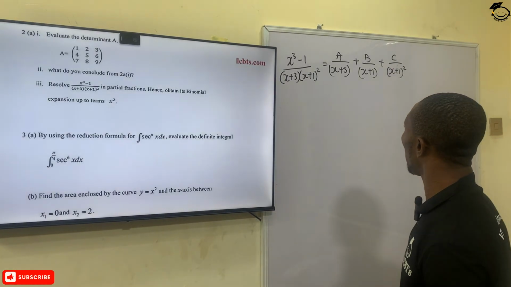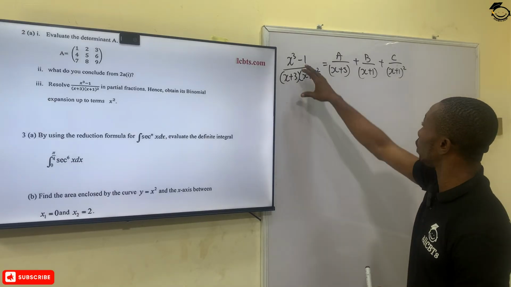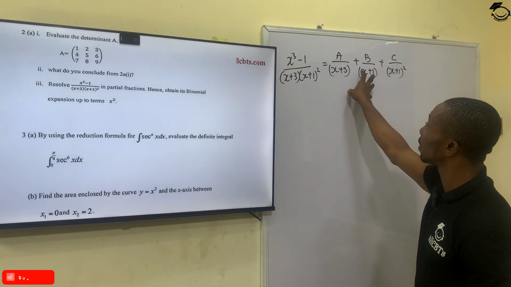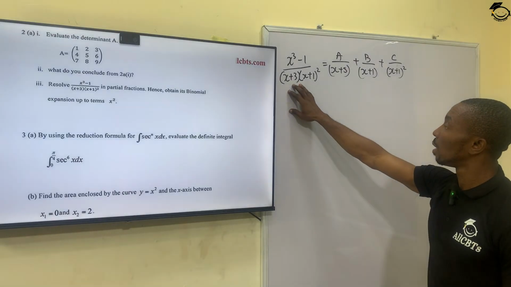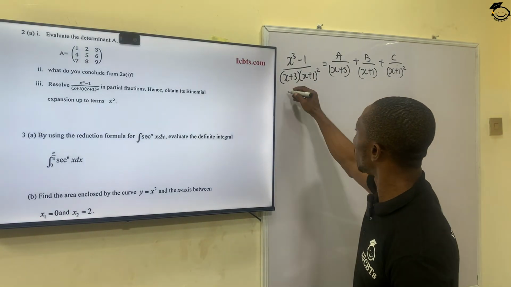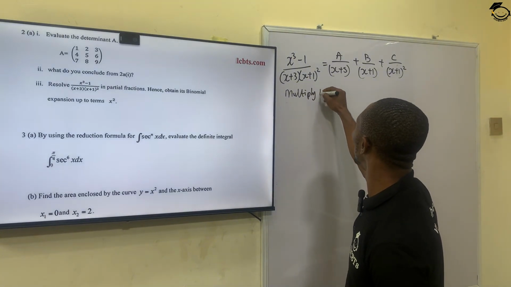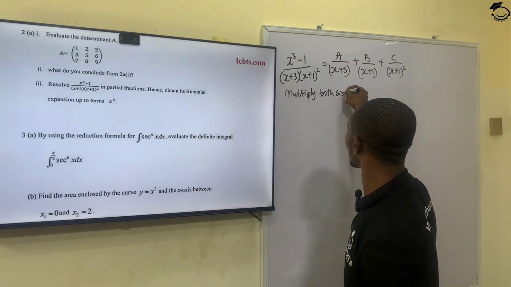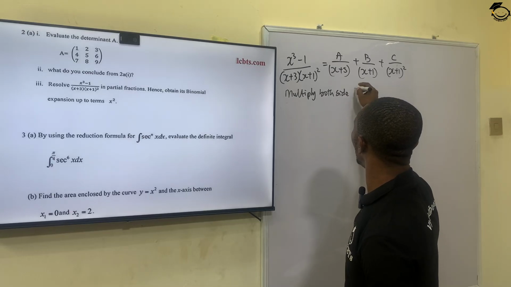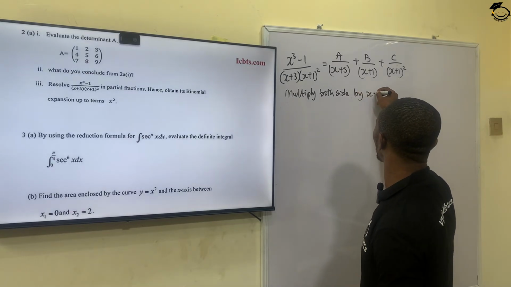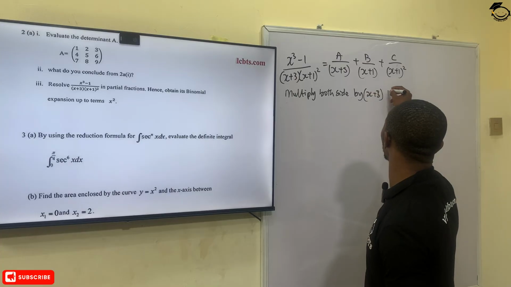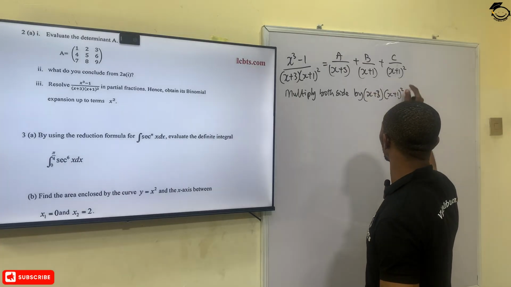Okay, so from here, in order to equate this, we'll multiply both sides by our denominator. So we say multiply both sides by x plus 3, x plus 1 all squared.